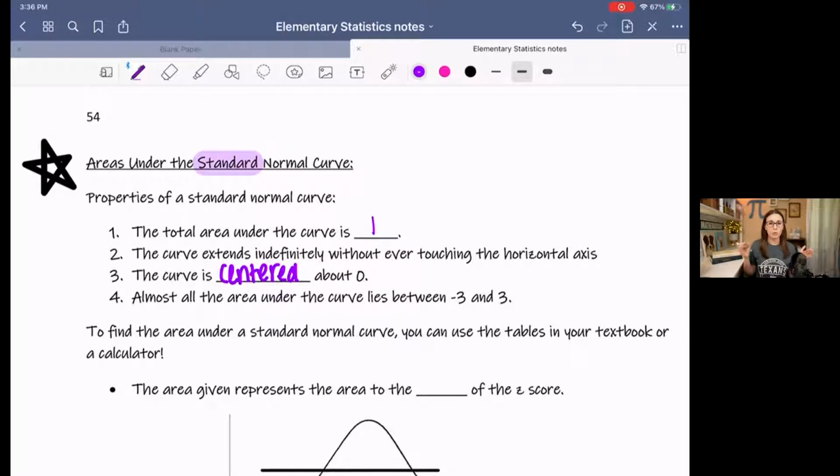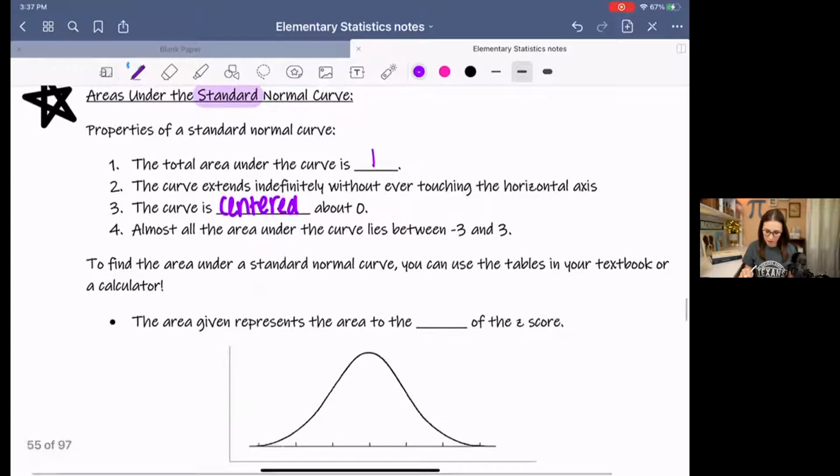If you remember from the empirical rule, 99.7% of your data should lie between -3 and +3. And it being centered about 0, if z-scores are referring to the number of standard deviations something is from the mean, with the mean being the center, then the mean itself would be 0 standard deviations from itself. So that's why 0 is in the center, and then we go out 1, 2, and 3.